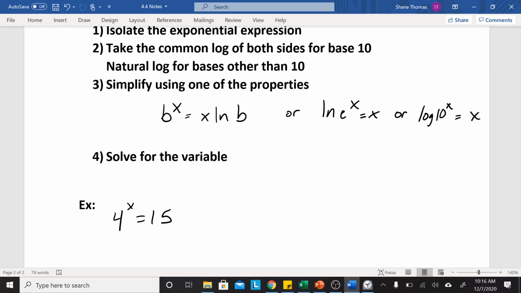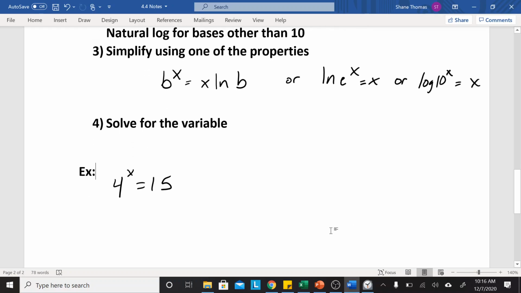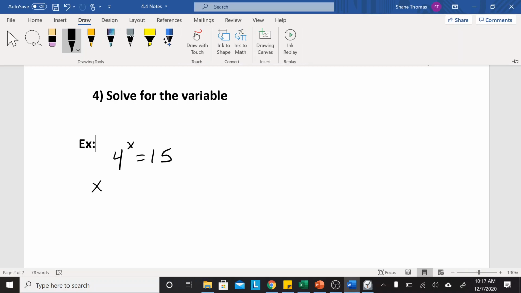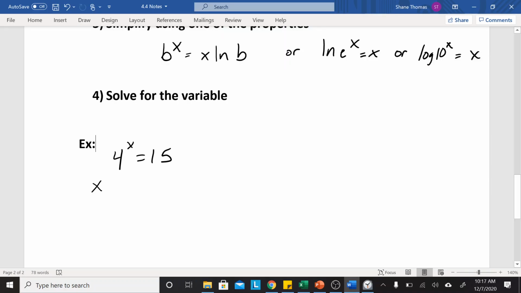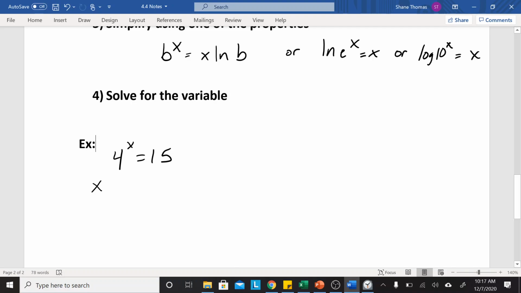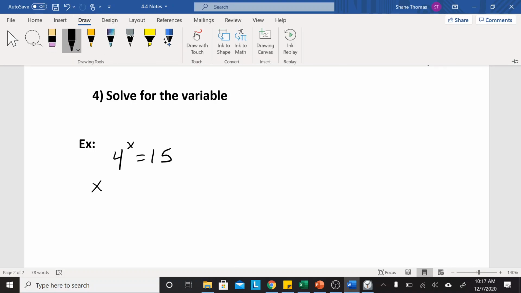I have that exponential on a side by itself, so I'm in good shape there. So I'm going to go ahead and apply this property right here. Sorry, I wrote that wrong.